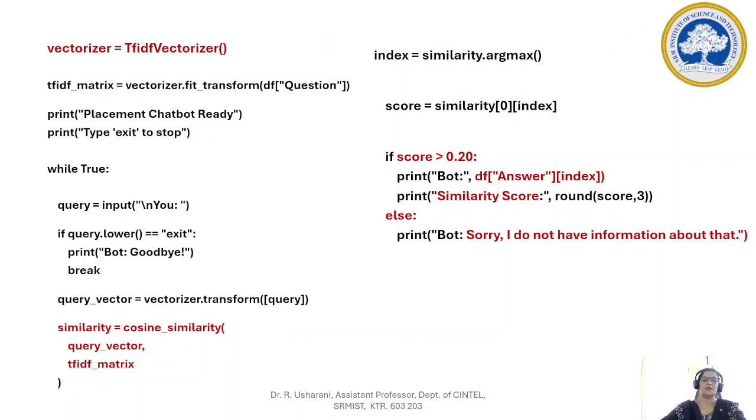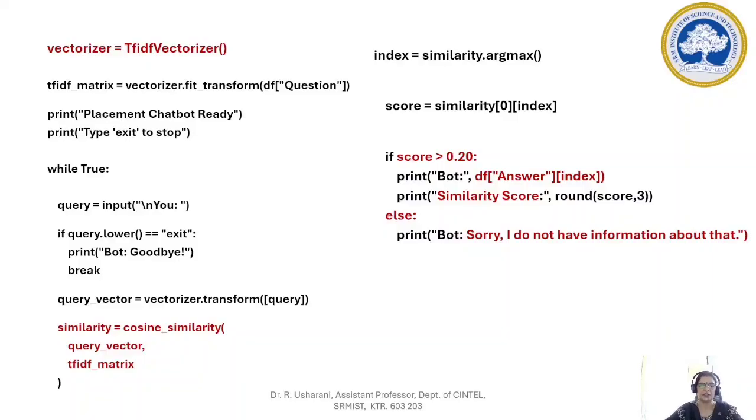After that, we need to introduce a vectorizer. The term frequency inverse document frequency vectorizer function is used here. Then the question is vectorized with the fit transform function. Next, we check whether the question is available in this stored database.